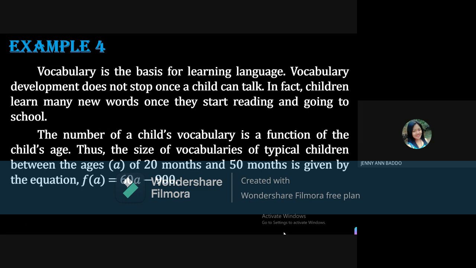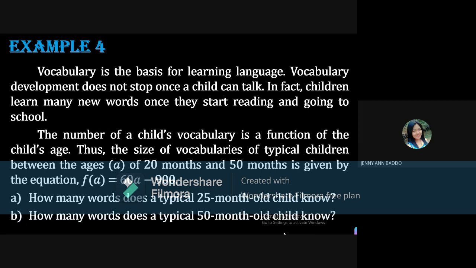Thus, the size of vocabularies of typical children between the ages, represented by small letter a, of 20 months and 50 months is given by the equation f of a equals 60a minus 900. How many words does a typical 25-month-old child know? How many words does a typical 50-month-old child know?